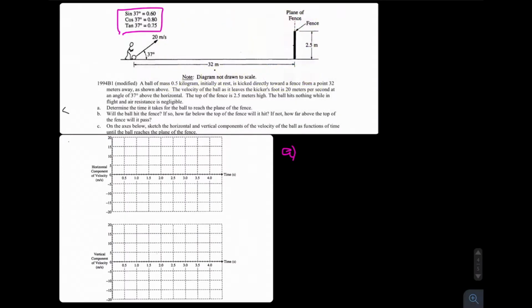Now, remember, we talked about it. Whenever you're doing projectile motion, you want to make an XY table, right? So I'm going to create an XY table, and I can find my velocity X and my velocity Y. Let me make this a little bigger so I can have more space here. So X direction, Y direction. Our velocity X here is this 20 meters per second times the cosine of the angle.